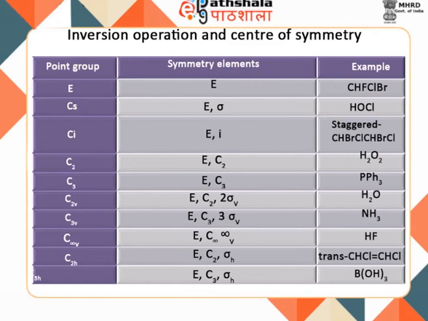The symmetry group is also called a point group because, first, all the symmetry elements of a molecule intersect one another at a common point. Second, the position of this point is not shifted by any of the symmetry operations. Some common point groups along with the symmetry elements and an example are given in the following table.